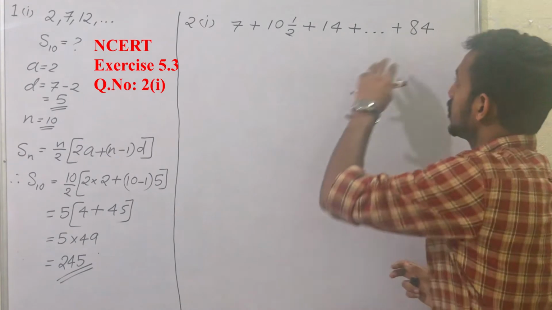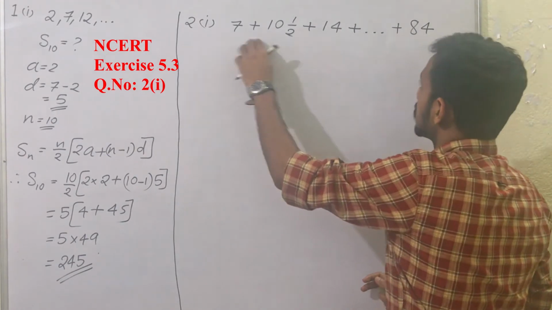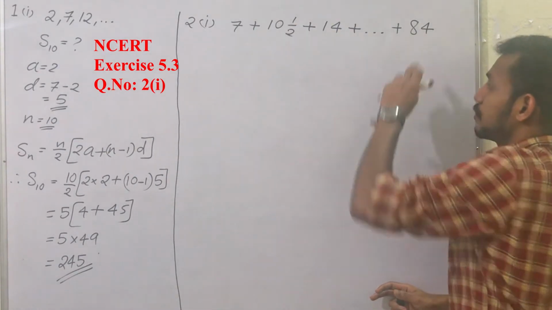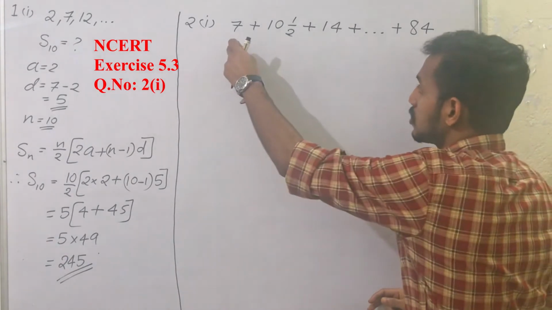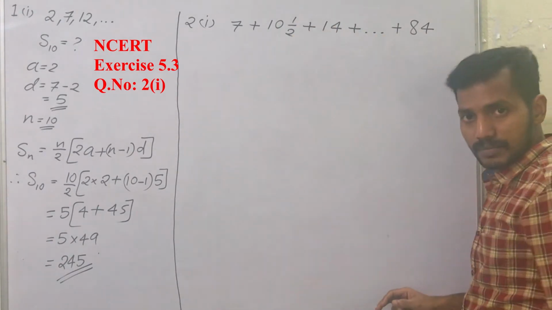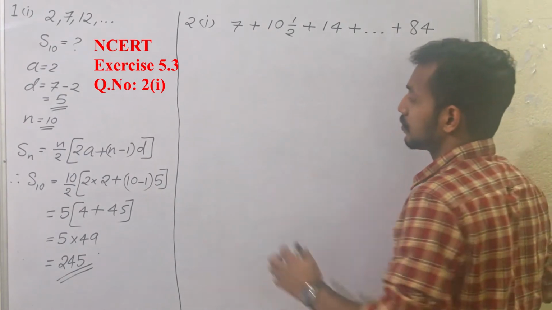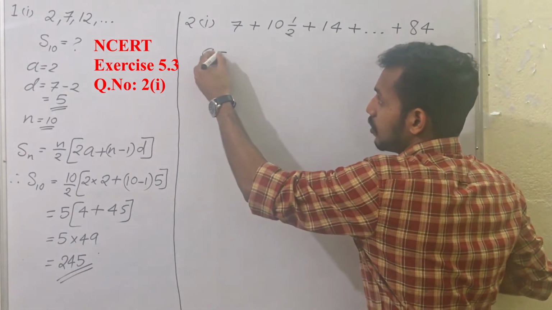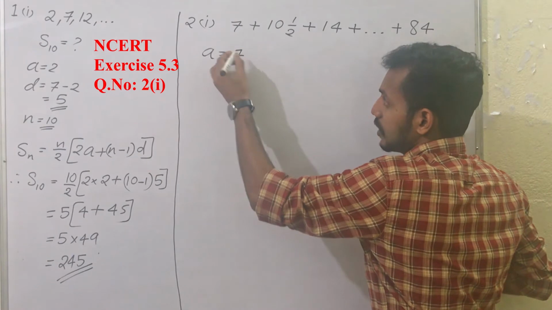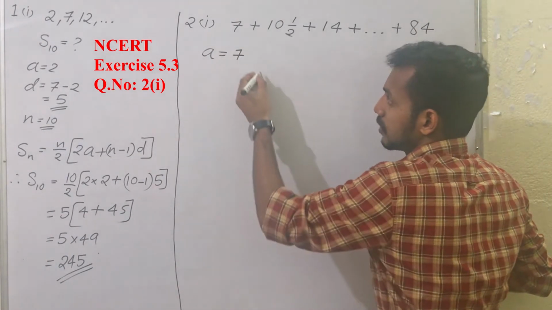Clear? So here we have to find the sum of this series, 7 to 84. Here the first term as well as the last term is given. That means an, the last term, is given. So first we write the first term, that is 7. Then what will be the common difference?